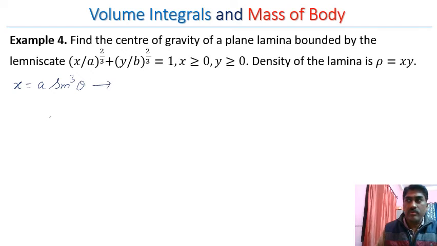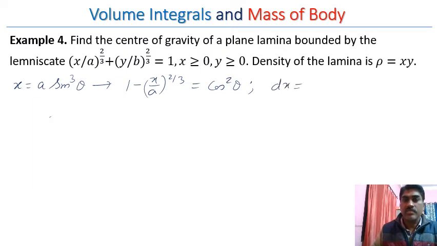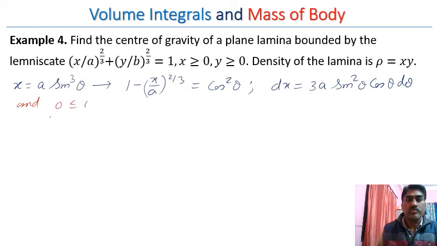This gives 1 - (x/a)^(2/3) = cos squared theta, and dx will be 3a sin squared theta cos theta d theta. The limit of theta will vary from 0 to pi by 2.